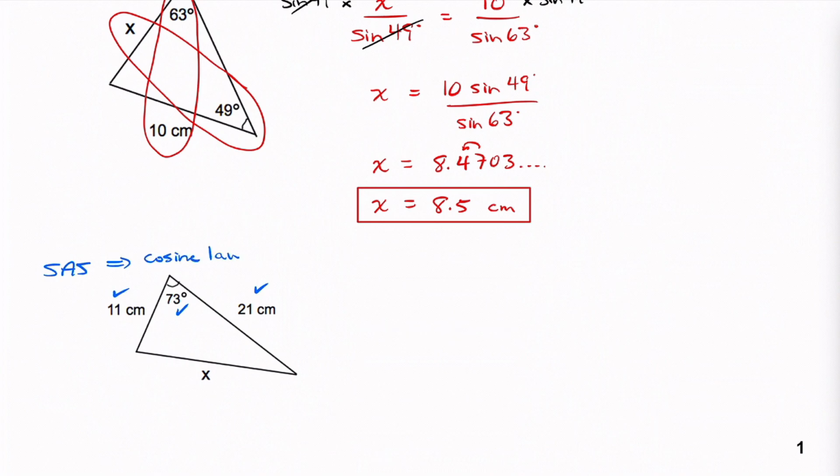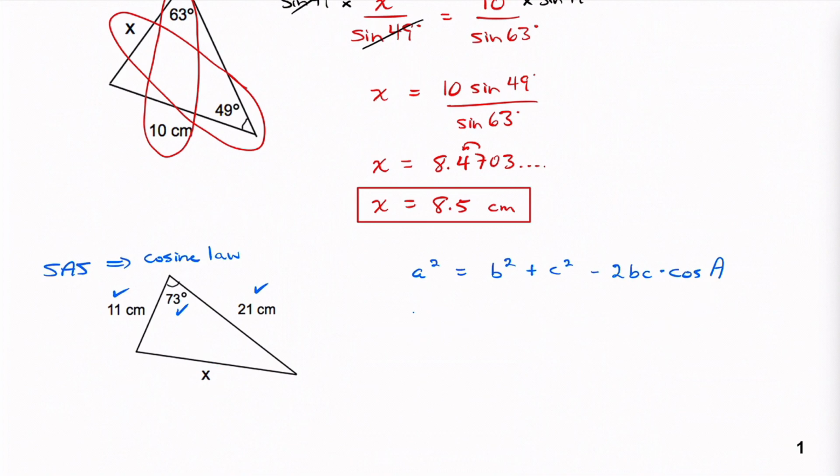So remember our cosine law, it was a squared equals b squared plus c squared minus 2bc times cos of A. And these two, this and this, had to be the same letter. If I'm finding this side, that's across from this angle, so those two are the ones across from each other in the equation.